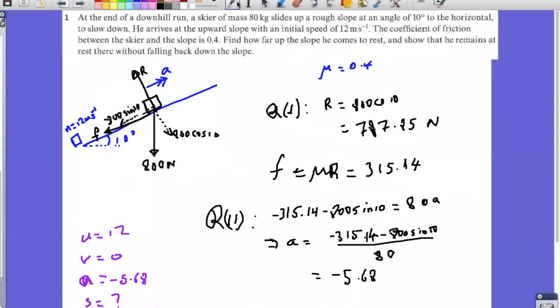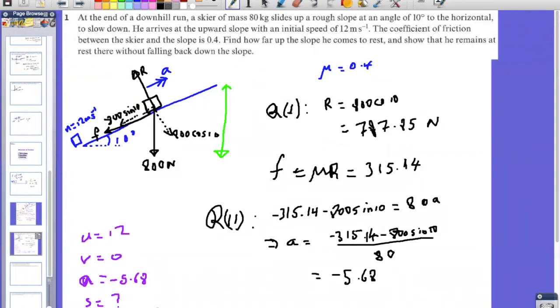So what it is saying here is that he will move 12.68 meters along this line, okay? It is not height. In the future, you may be asked to find how high he goes up. That will be different from this distance, which is 12.68 along the slope.